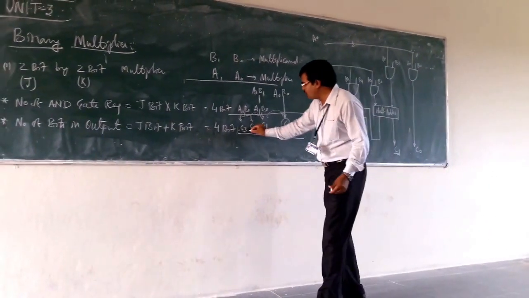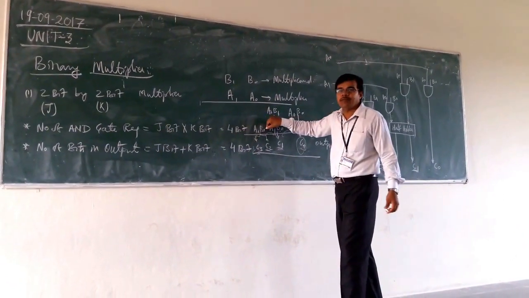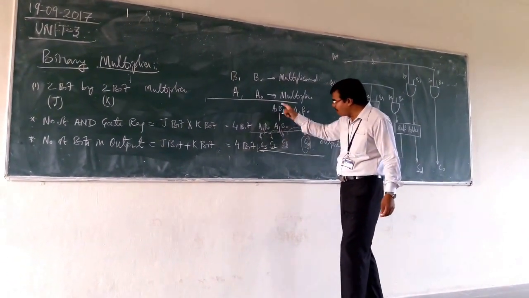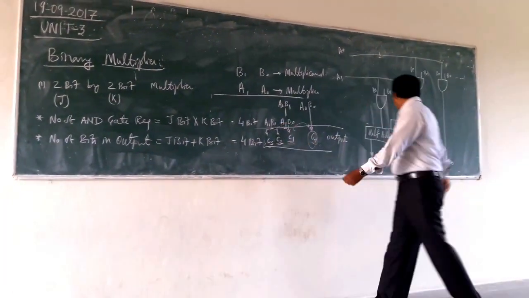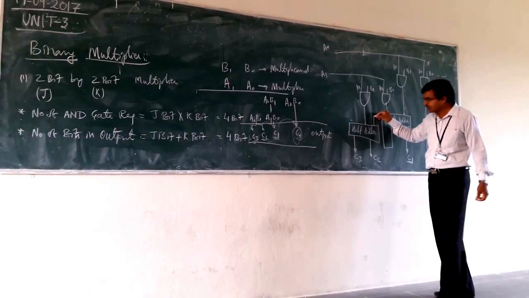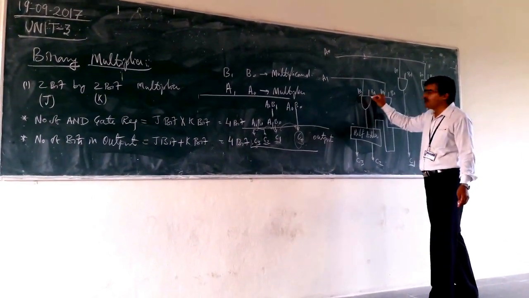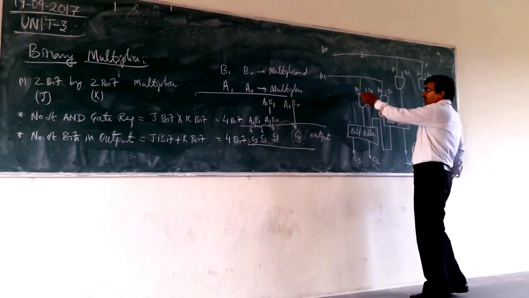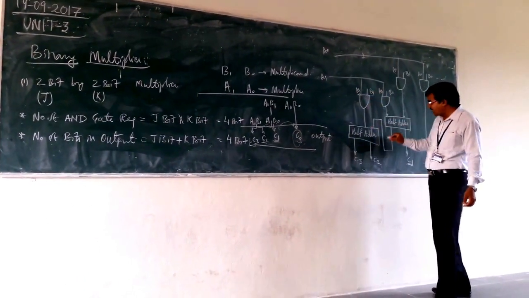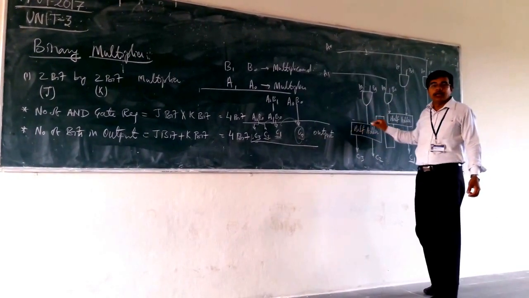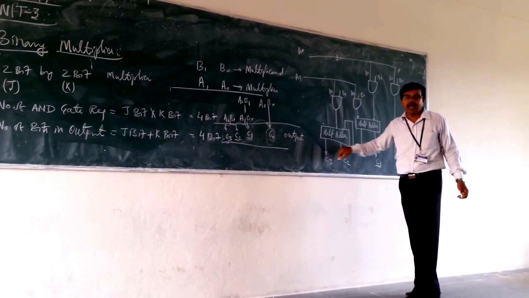Now for C2 and C3, you are having A1, B1, and the sum output from here, that also we will insert. Whatever the sum output is there, we are putting it in the half adder, and the other input is the AND gate output of A1, B1. The output of the half adder is sum and carry.